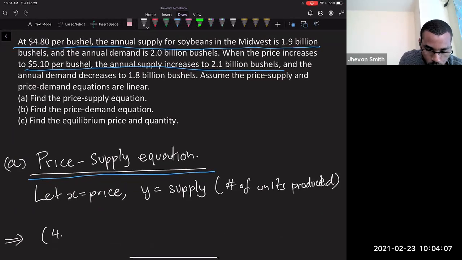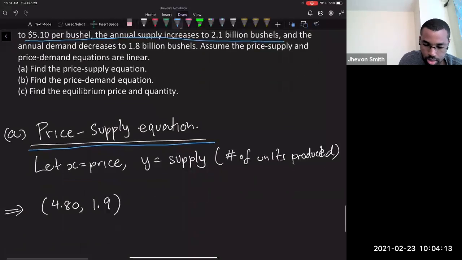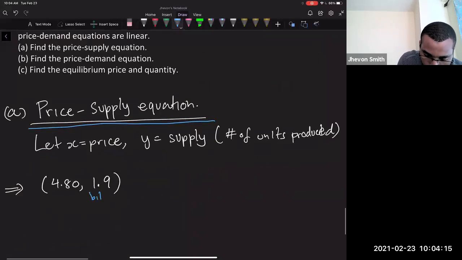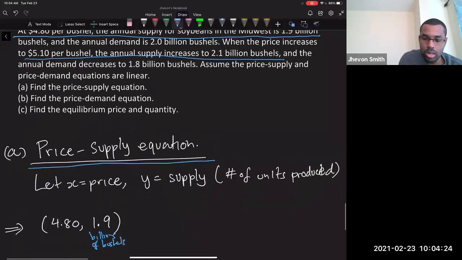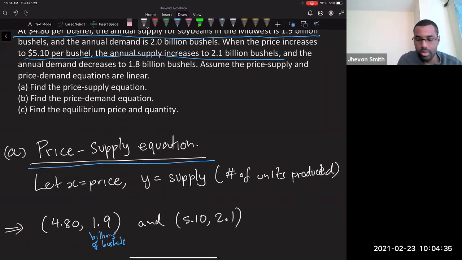So for 480, we have 1.9, right? So I'm going to use this as billions of bushels. And at 510, 2.1 are on the line.